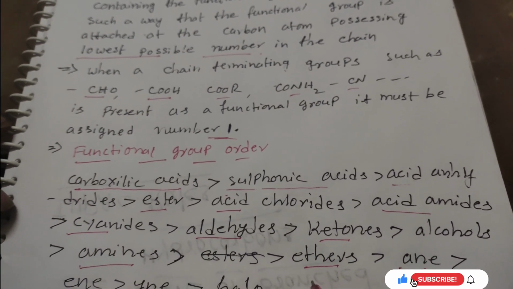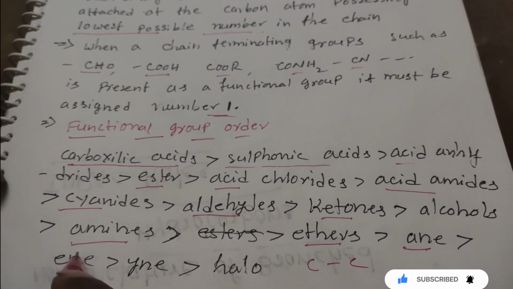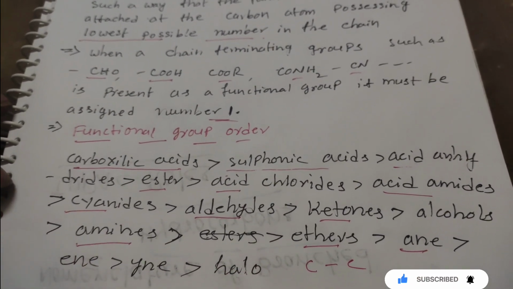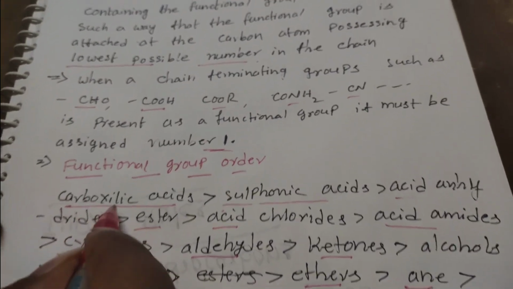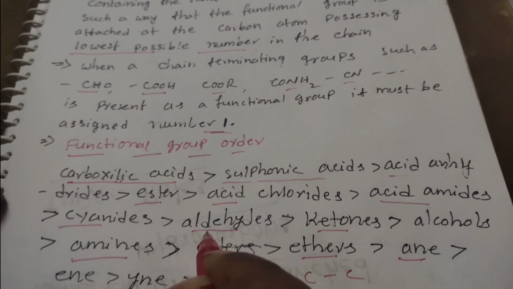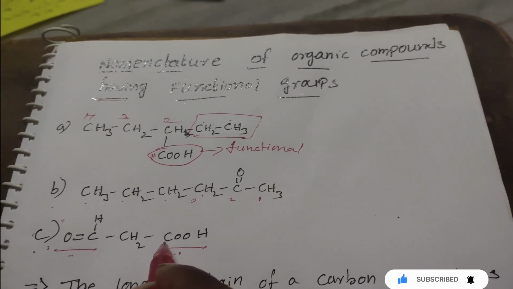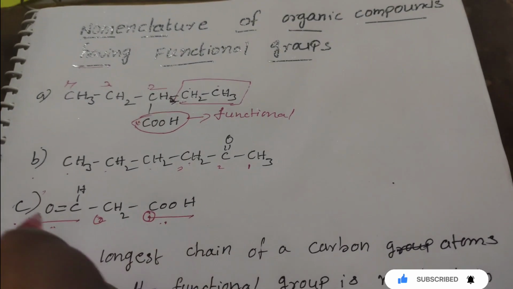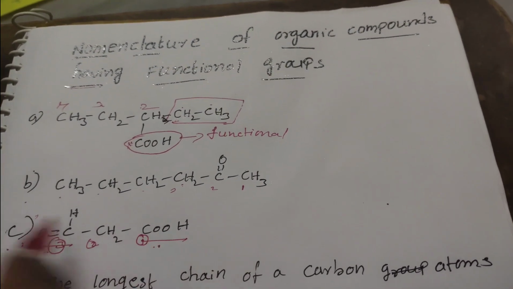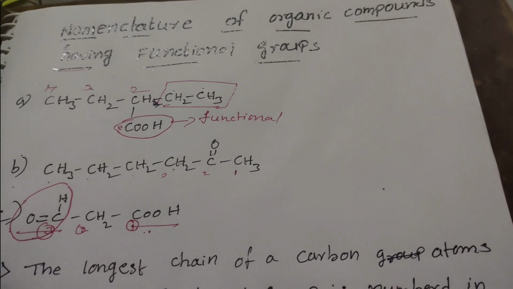Ane means between carbon and carbon there is a single bond, called alkane, then alkene, alkynes and halogens. So carboxylic acid is the first priority, and the aldehyde comes much later. So we give numbering from the carboxylic acid onwards, 1, 2, 3. And here the aldehyde group is acting as a substituent.